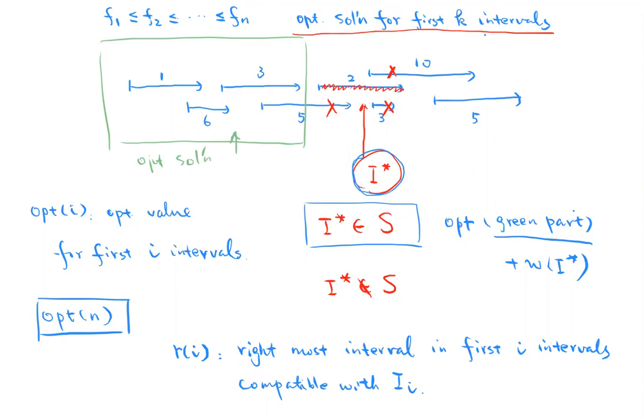So this one is rightmost. All right. So the green part is just the optimal one of R(i) plus the weight of i. So i star is the ith interval. If this ith interval is in the solution, we have this relation.